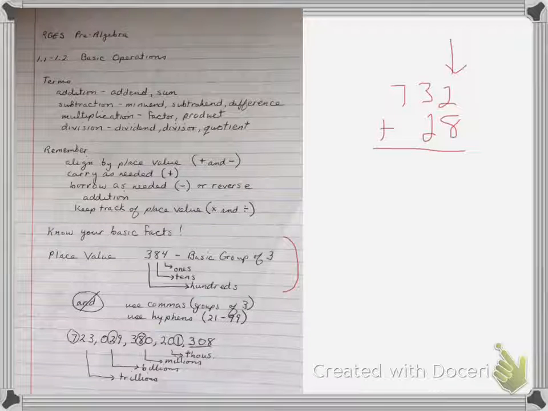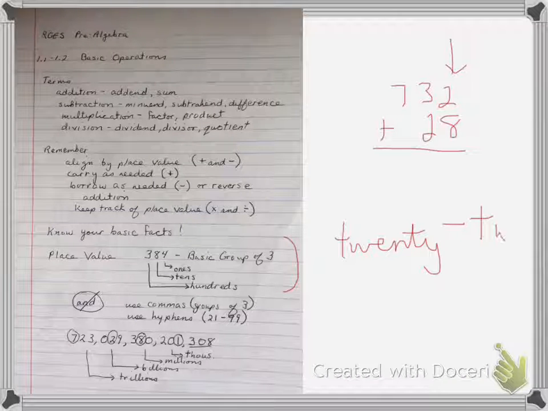Use hyphens when you are writing out the word for any number between 21 and 99 that has 2 words in it. So if I were to write 22, I would write twenty hyphen two. Never use the word "and." Sometimes in oral speech we say 732, but never when you're writing.